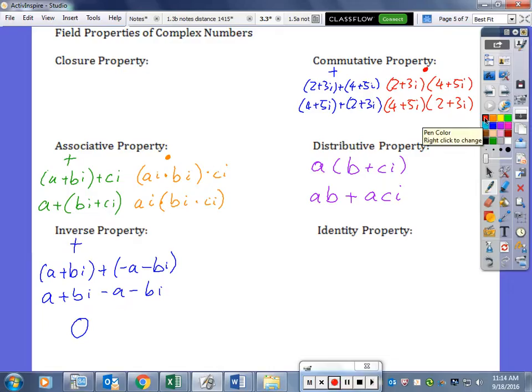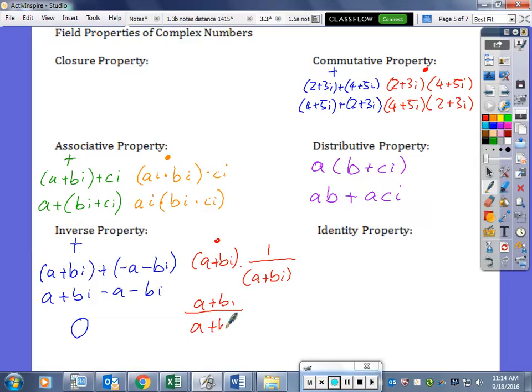The inverse property of multiplication: if we have a plus bi and we multiply it by its reciprocal, 1 over a plus bi, we get a plus bi over a plus bi, and that is equal to 1.